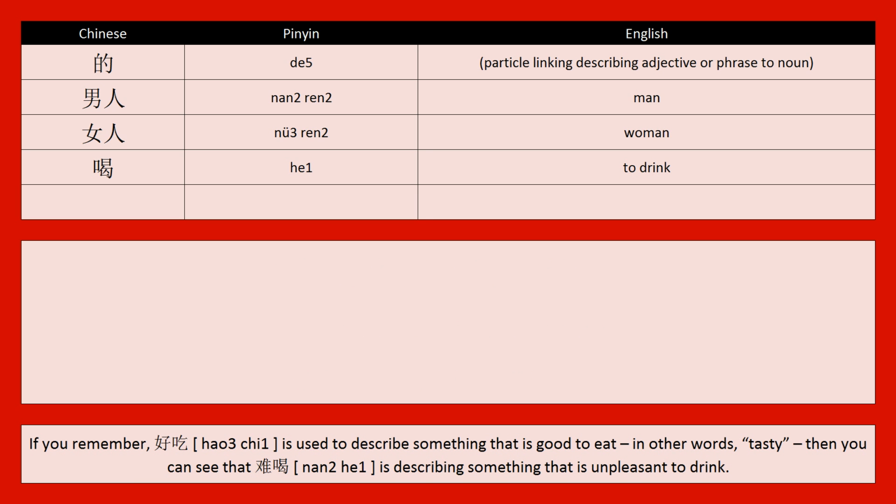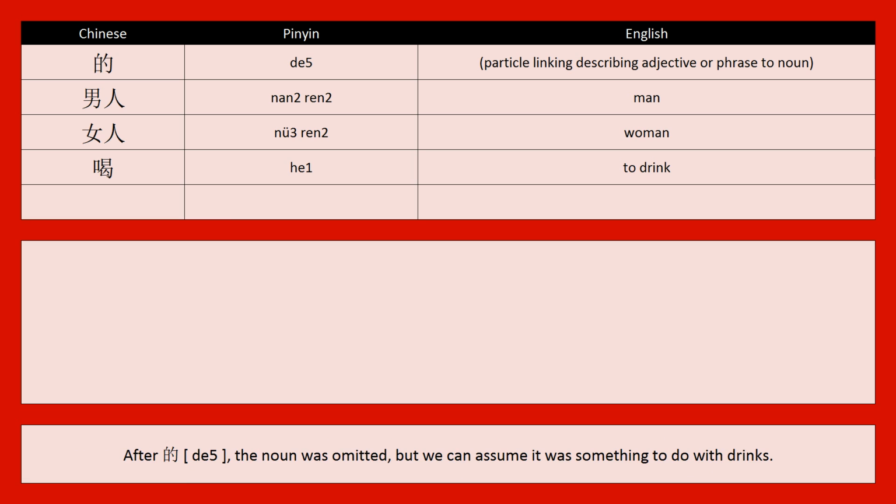If you remember, 好吃 is used to describe something that is good to eat. In other words, tasty. Then you can say that 难喝 is describing something that is unpleasant to drink. After 的, the noun was omitted, but we can assume it was something to do with drinks.